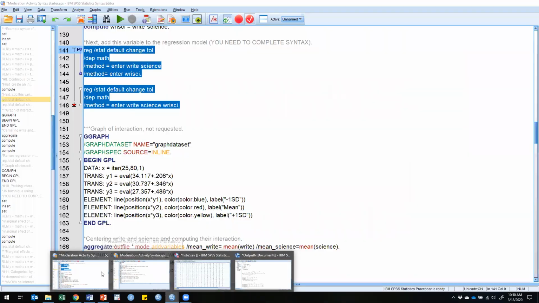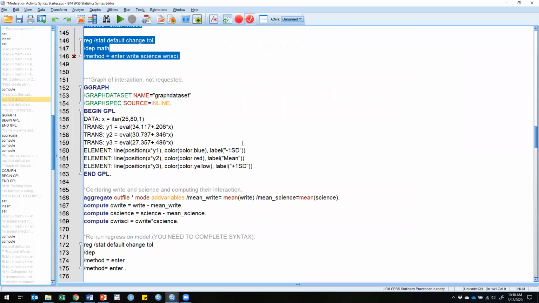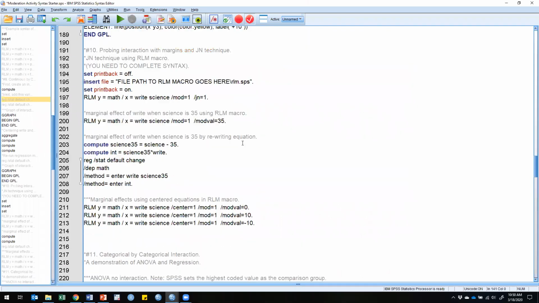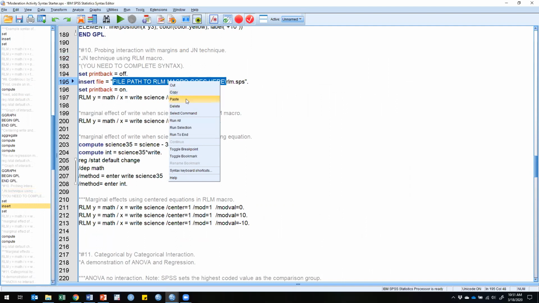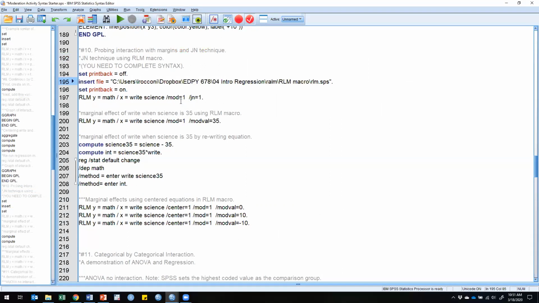Let's pull up our syntax here. For here, we're going to need to use the RLM macro. So you need to enter your file path for the macro. Let me copy that. There we go.